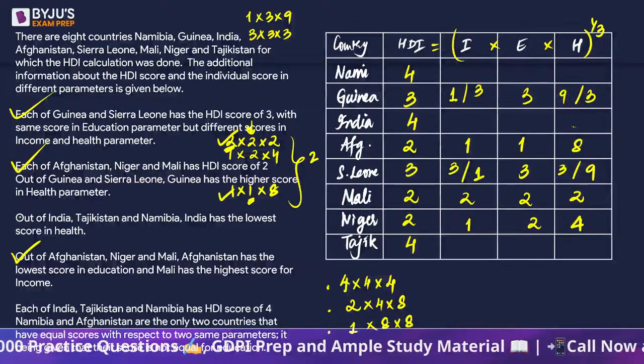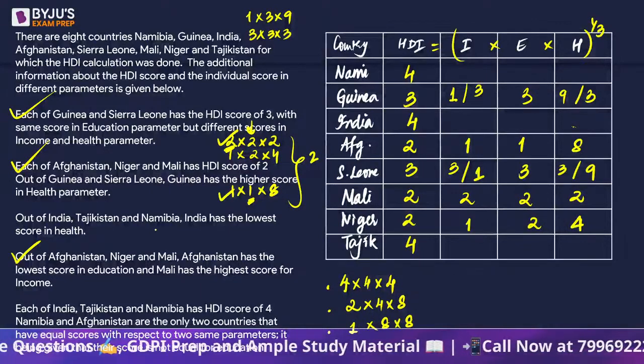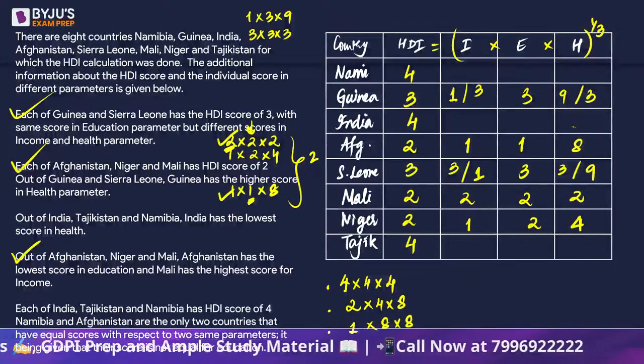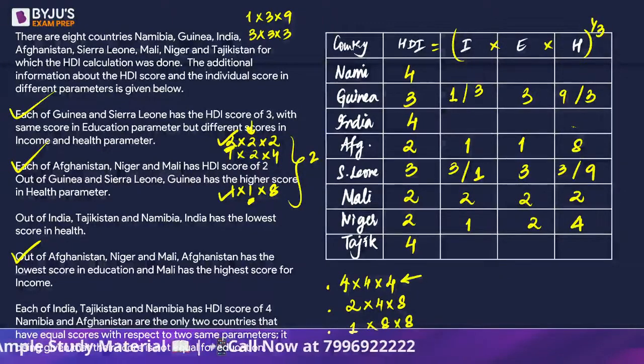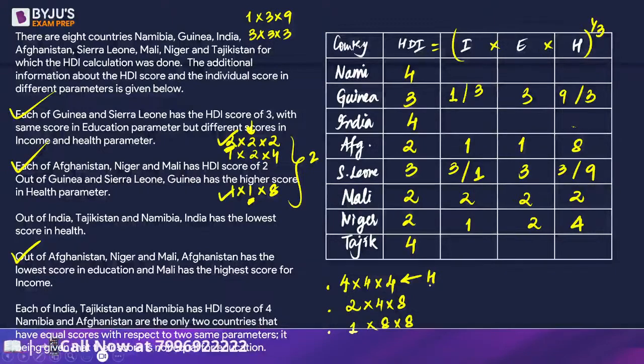Okay, let's go to the third statement. Out of India, Tajikistan and Namibia, India has the lowest score in health. Lowest score in health मतलब ये, right? This is the health ka lowest score.